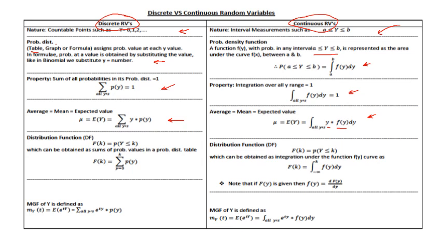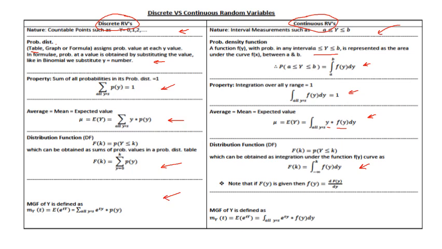We also saw how to get the distribution function in the discrete case and in the continuous case. And we can say the same about the moment generating function later on in our second part, which I will explain shortly in another few slides.